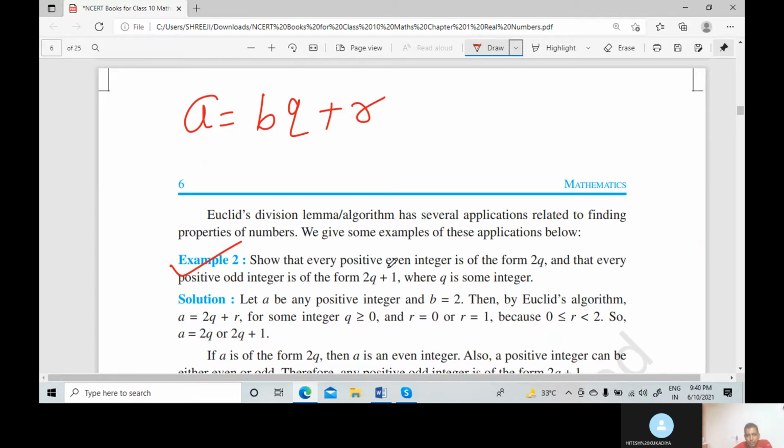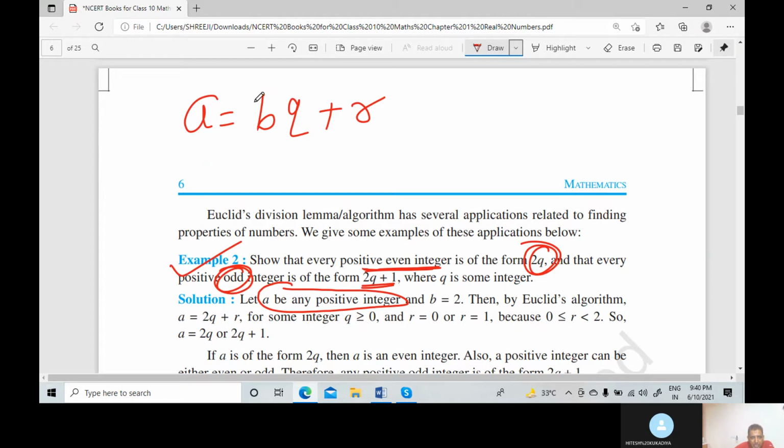Show that every positive even integer is of the form 2q, and that every positive odd integer is of the form 2q plus 1. So here first we suppose a is any positive integer. Our answer is in the form 2q and 2q plus 1.